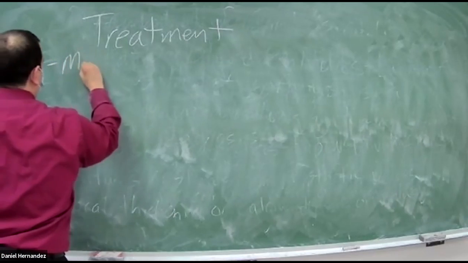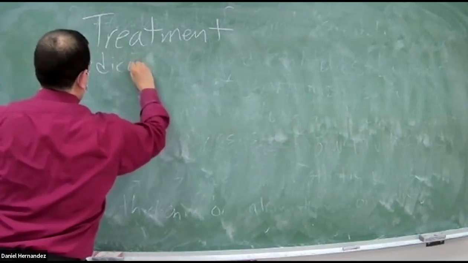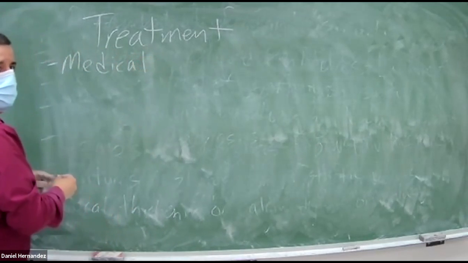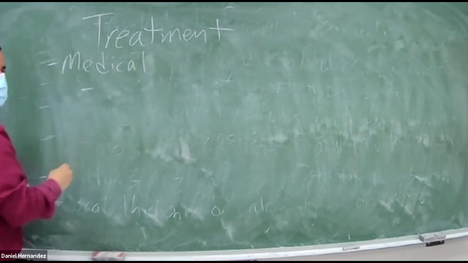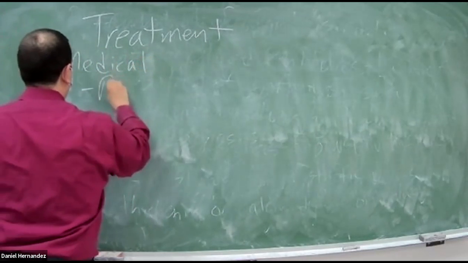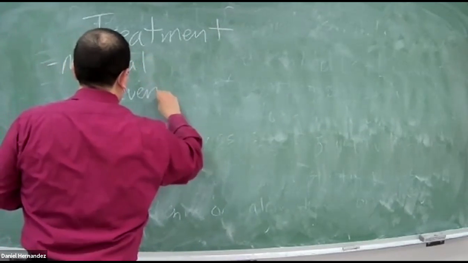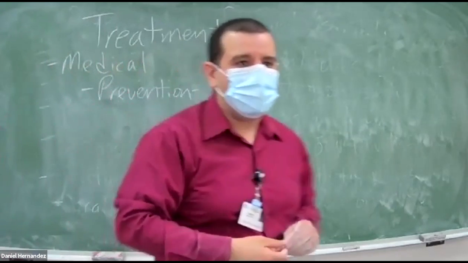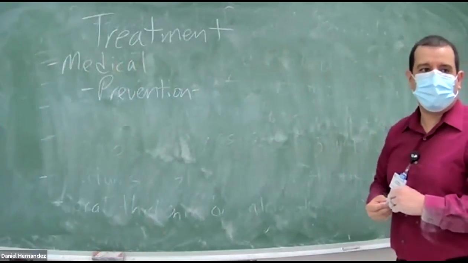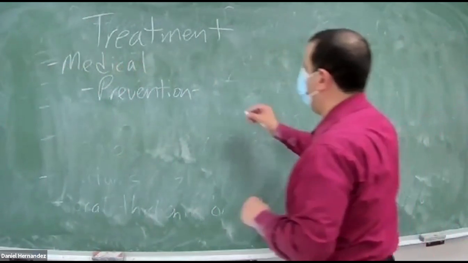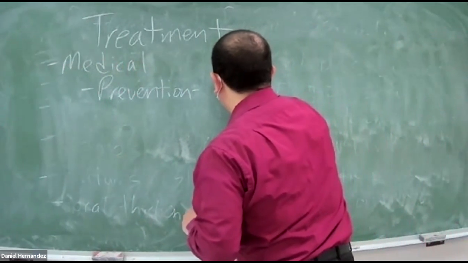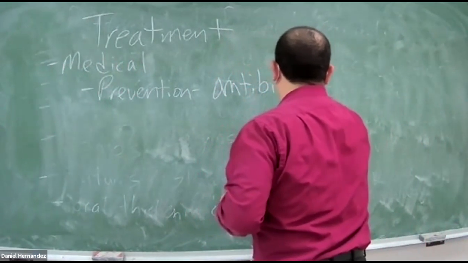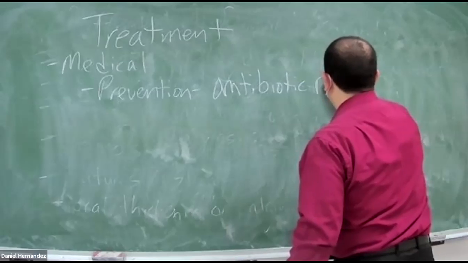So under medical, like I was mentioning before, you can put prevention. That's going to be our endocarditis prophylaxis, so antibiotic prophylaxis.